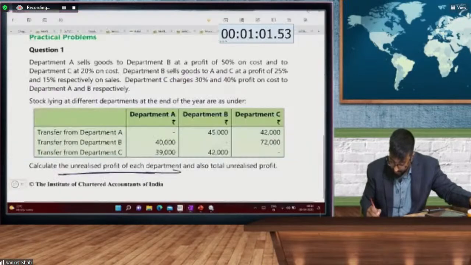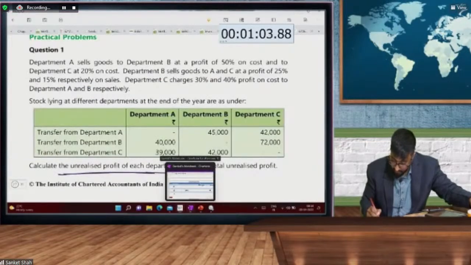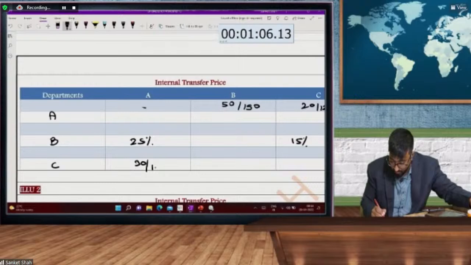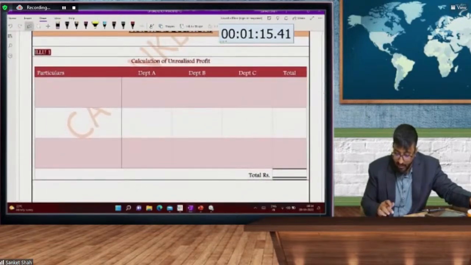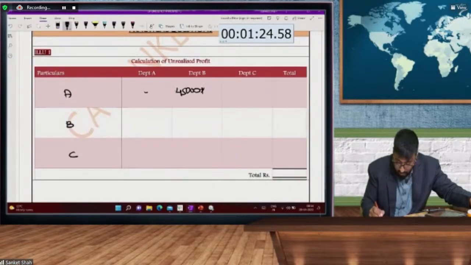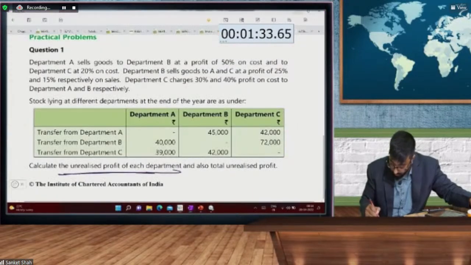And for C, 30% and 40%. So 30 upon 130 and 40 upon 140. So this is the internal transfer price. Suppose 1 minute extra for drawing this table. A, B, C. 45,000 into 50 by 150. Then here 42,000 into 20 by 120. 42,000 is it? Yes.